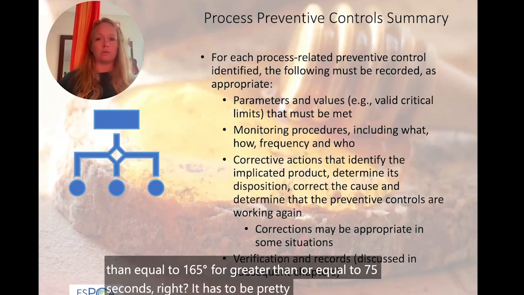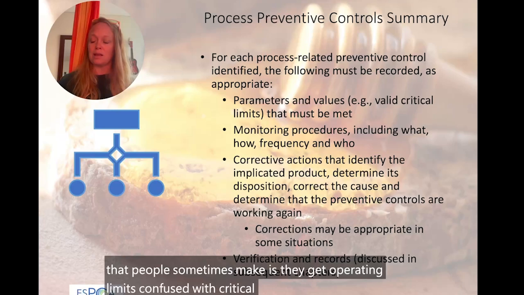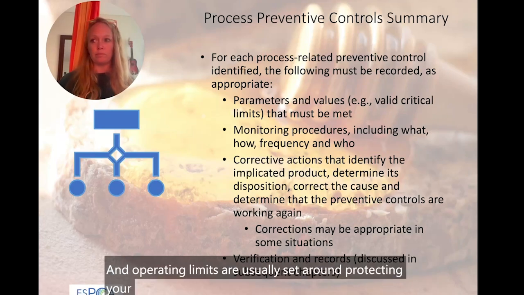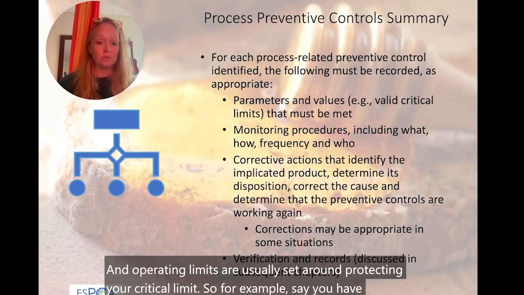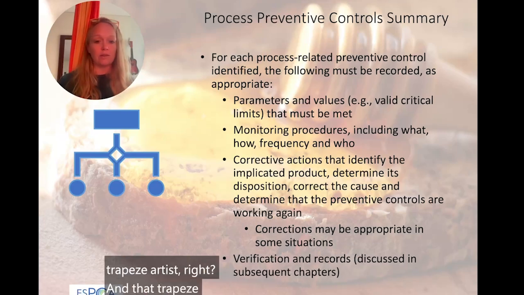One mistake that people sometimes make is they get operating limits confused with critical limits. And operating limits are usually set around protecting your critical limit. So for example, say you have a trapeze artist, right? And that trapeze artist may have a net under them.